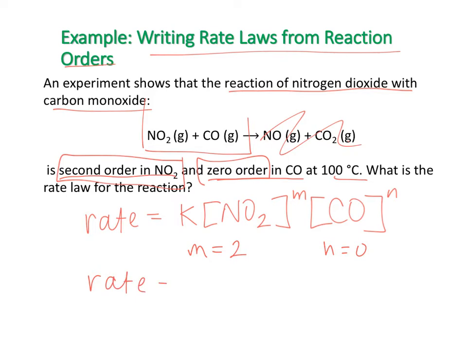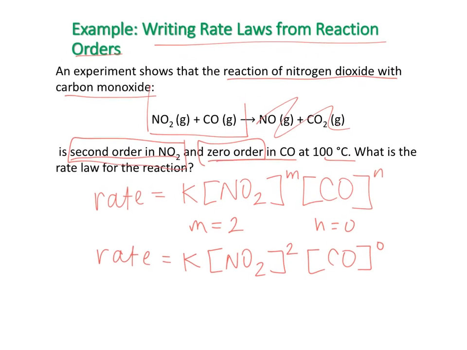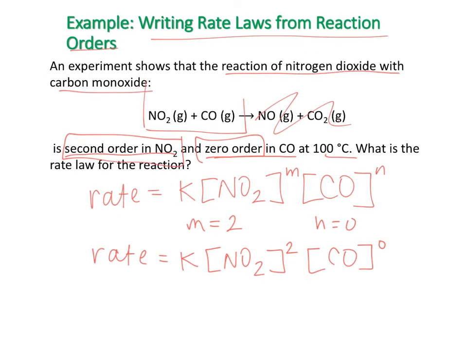So let's go ahead and rewrite this. So rate equals K NO2 raised to the 2 and CO raised to 0. So we're pretty much done. This is technically the answer, but just to help you understand why in future rate laws you may not see the component of something raised to a 0 as part of your rate law, anything raised to a 0 essentially is just equal to 1.